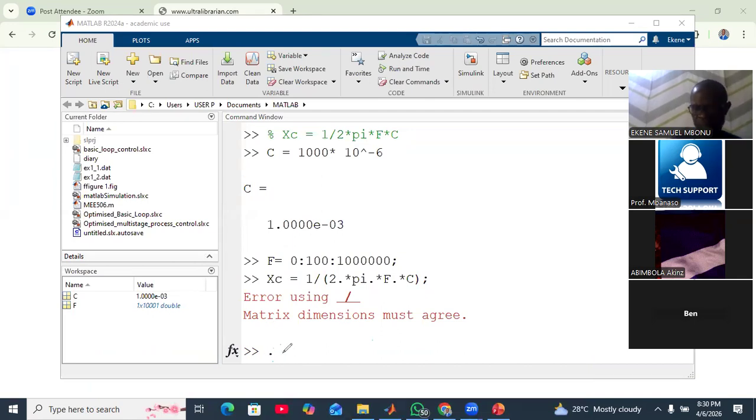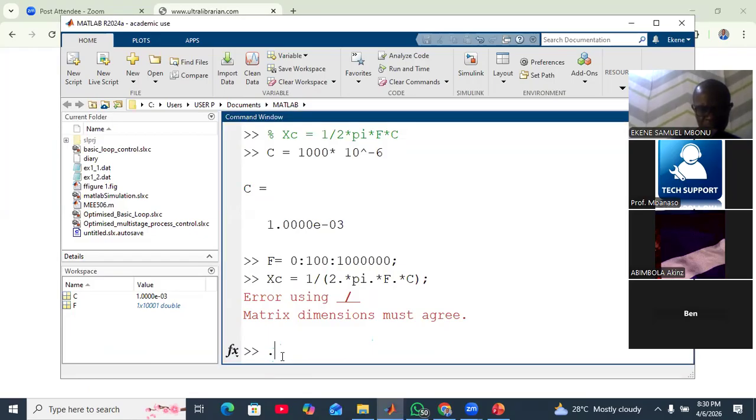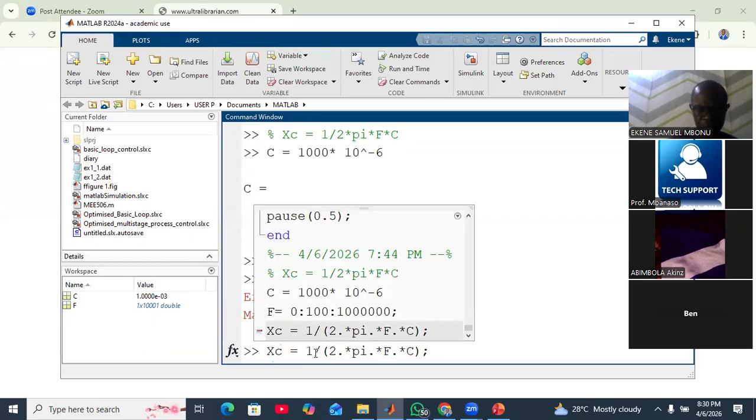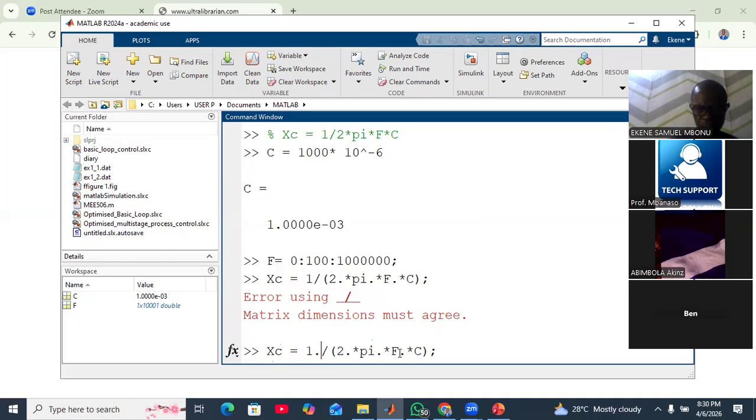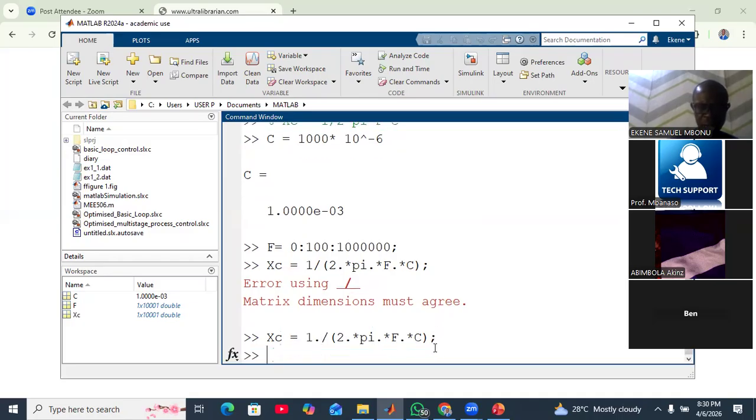Oh, please, who is using whiteboard now? Why is my distance changing, I don't understand. Okay, I think this is supposed to be dot division as well. So let's check again. So that's XC.